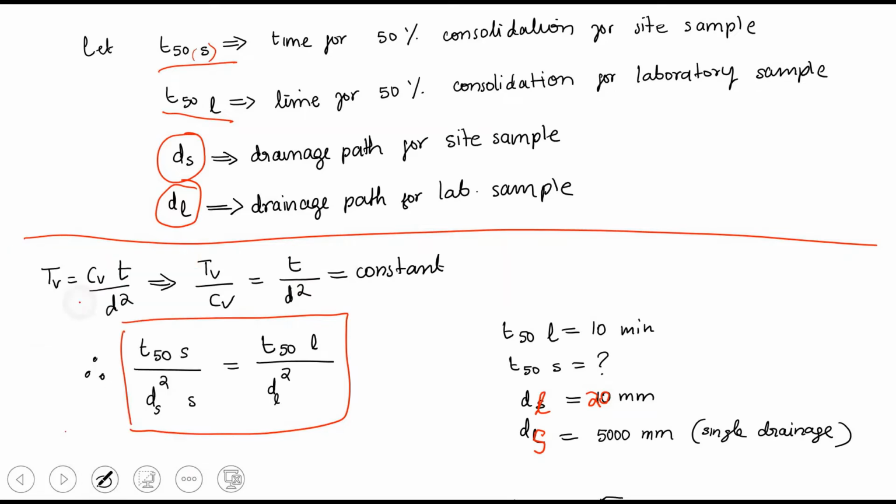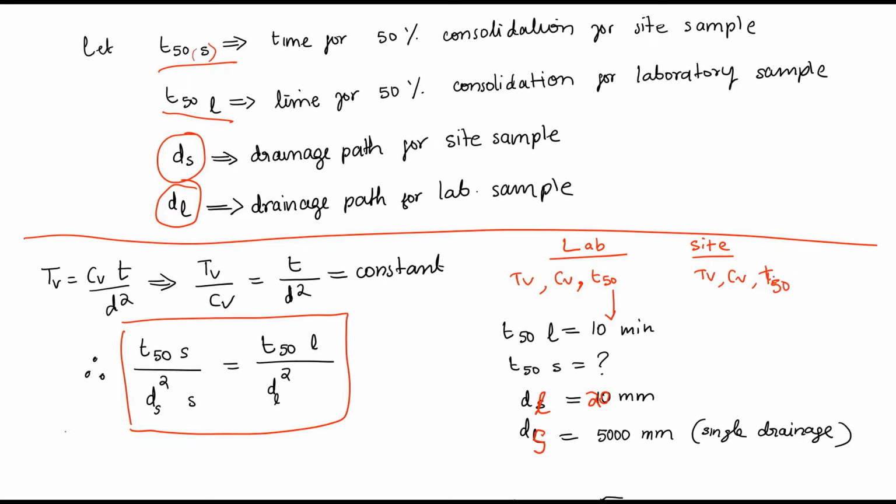So we have the lab sample and site sample. Here Tv for both is the same since we are considering only 50% consolidation. Cv for both is the same since the same sample is considered. T50 is given for the lab sample, which is 10 minutes, and T50 for the site sample we have to find out. T50 and D.